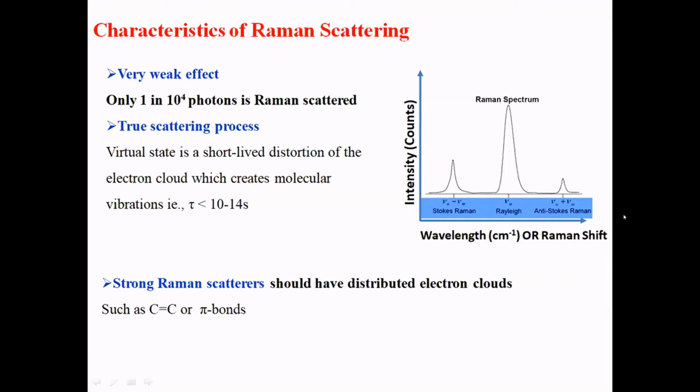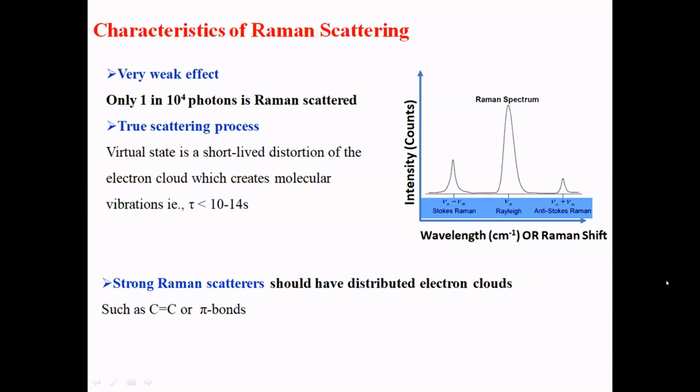So we are getting very weak information, but the detector and all the optical components do the job to get the information in a quality manner. We should understand that the scattering is very, very weak and very sensitive. For example, hardly one in 10 to the power of 4 photons is an inelastically scattered photon.